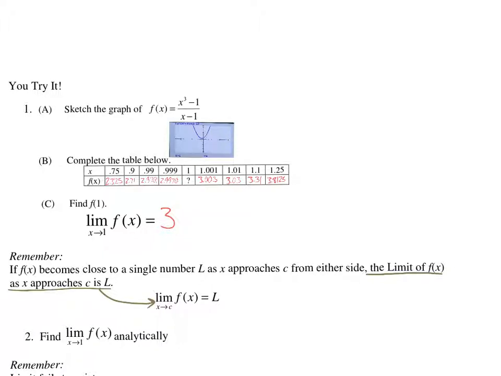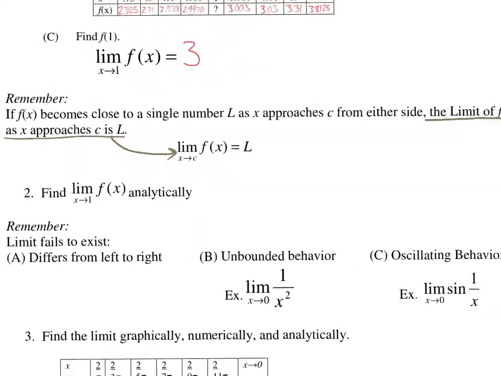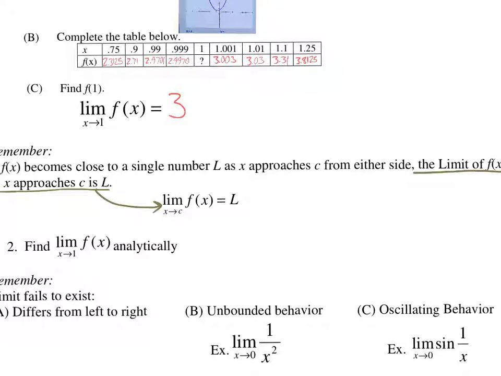But as you can see down here, we're going to look at how to find it analytically. Analytically just means by using algebra and whatnot. To do this analytically, you'll remember we talked about holes. We saw on the graph that this is a hole. So what we want to do is get rid of that hole, cancel out the hole, so to speak.